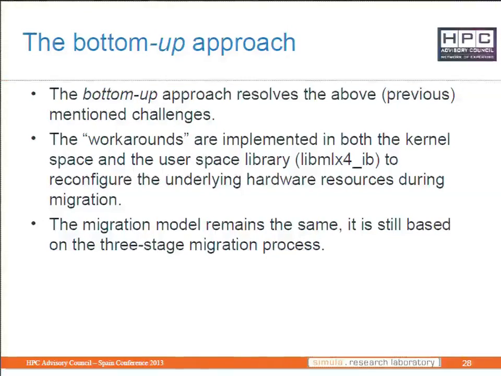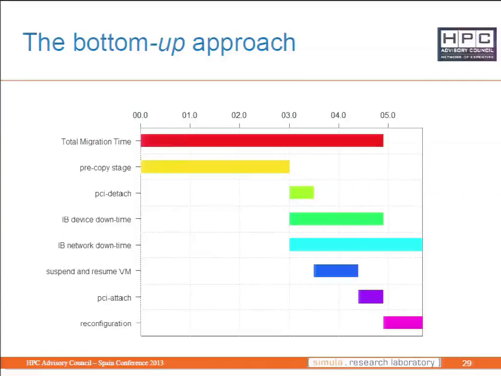And also the hacks are implemented in both kernel space and user space library. And the migration model remains the same, so not many things need to be changed in the hypervisor at the same time. The three-stage migration process remains the same.